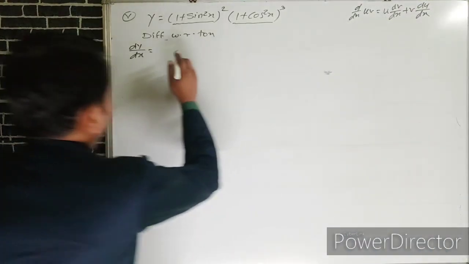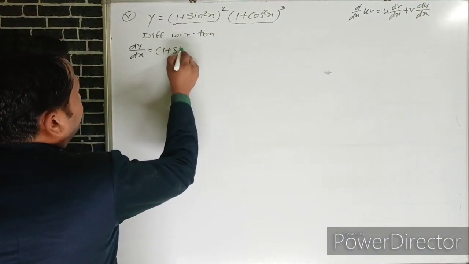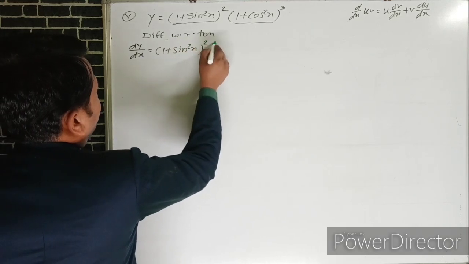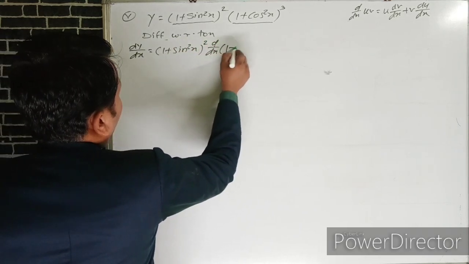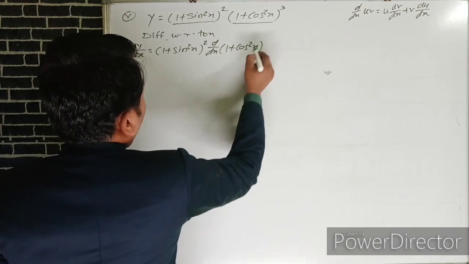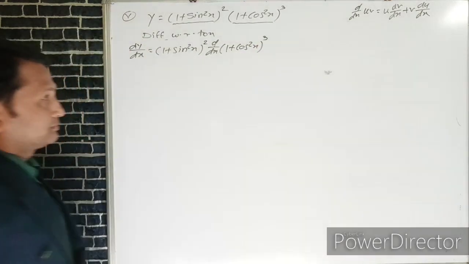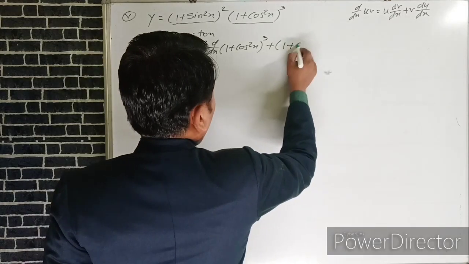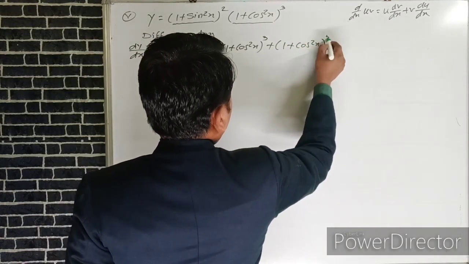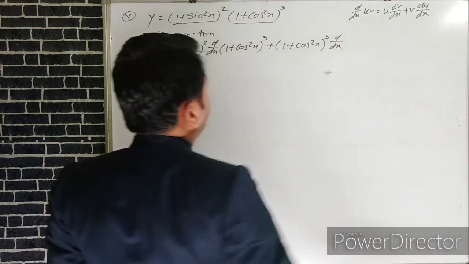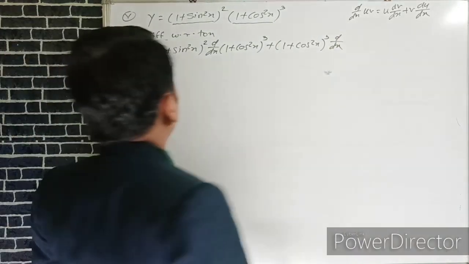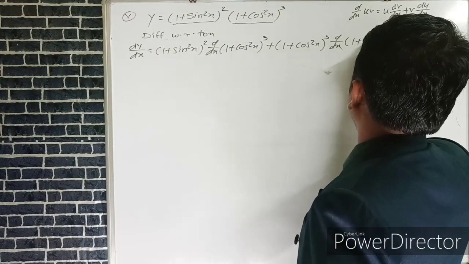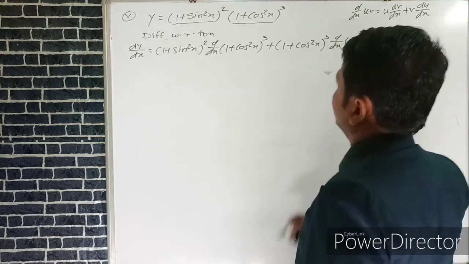Hence we can write it (1 plus sin square x) whole bracket square into derivative of (1 plus cos square x) whole bracket cube plus (1 plus cos square x) whole bracket cube into derivative of (1 plus sin square x) whole bracket square.